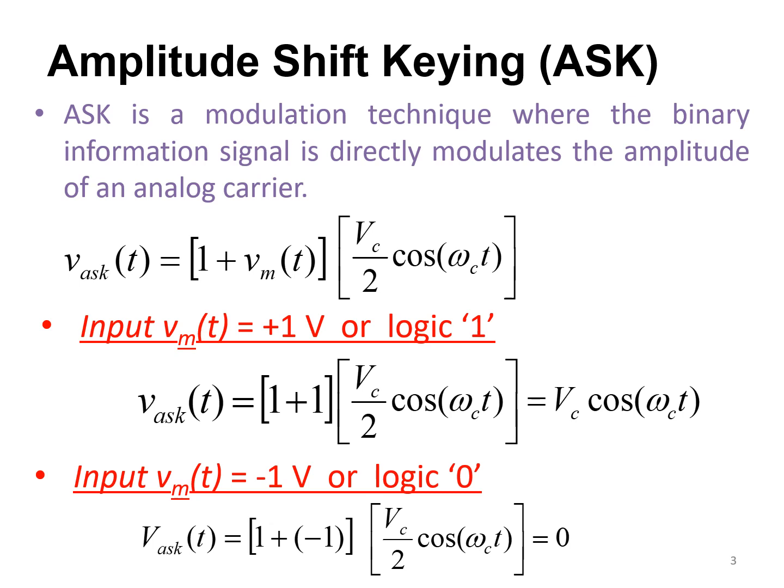When Vm(t) equals 1 volt, or in binary form a logic 1, the final equation of the ASK waveform becomes Vc cos ωct. This equation represents the analog carrier. When Vm(t) equals negative 1 volt, or logic 0, the final equation of the ASK waveform becomes 0.